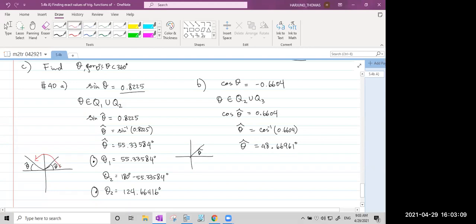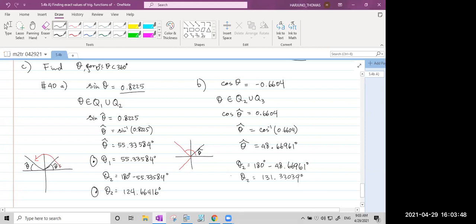But what we need is the one in quadrant 2, and the one in quadrant 3. So theta 2, the angle in quadrant 2, must be 180 degrees minus 48.66961 degrees, which is 131.33039 degrees.